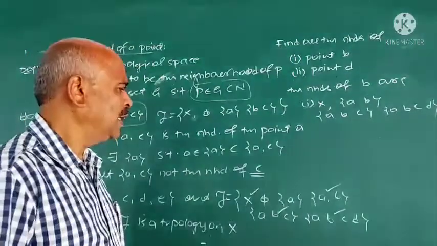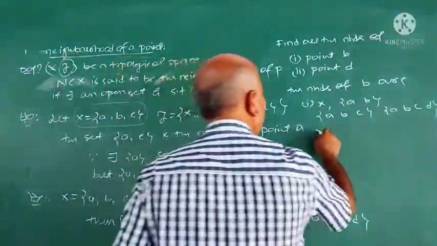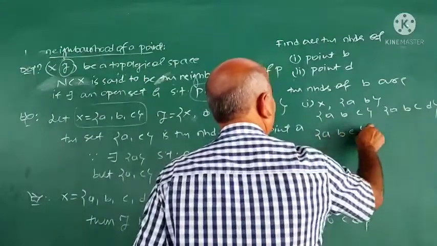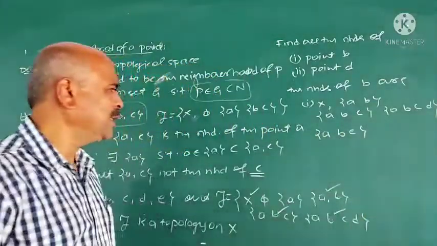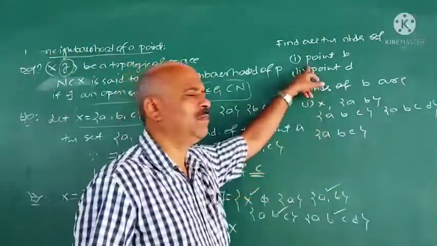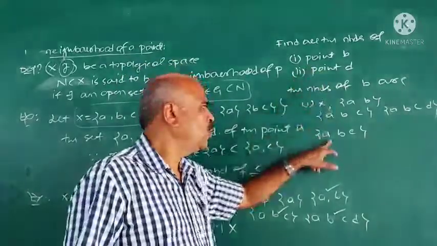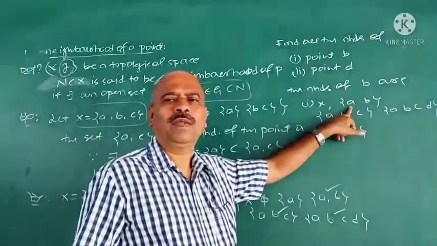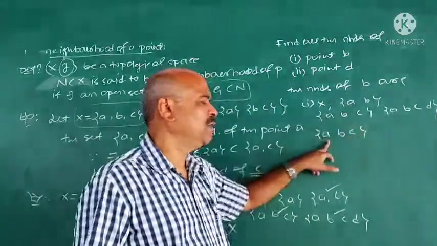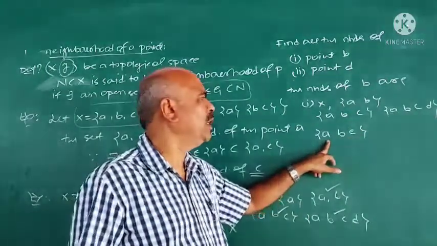Next I take ABE here. ABE is also a neighborhood of the point B because the open set is AB. Why is it a neighborhood of the point B?